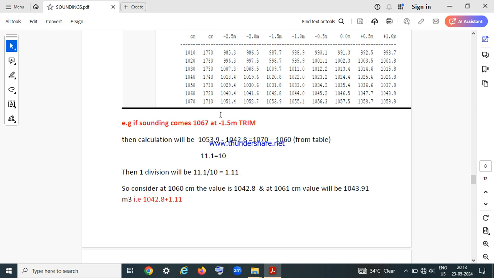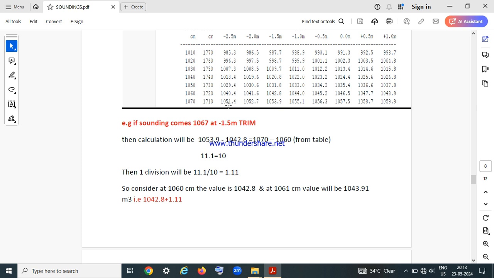Suppose at 1060 the value at minus 1.5 trim is 1042.8, and we have not passed one division because this is just the beginning.